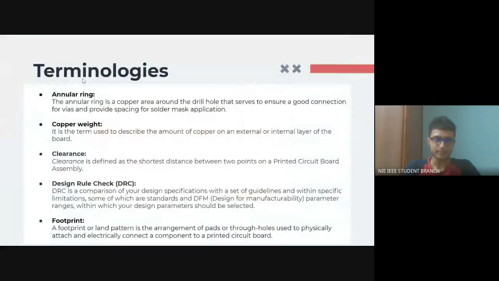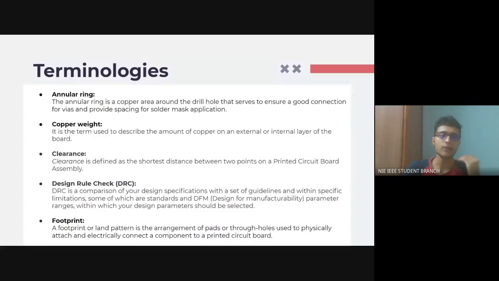Moving on. Here are some of the basic terminologies which we'll be looking into. There are a lot of things, but I have filtered a few, and the most important ones I have listed here. One is the annular ring. Annular ring is a copper area around the drill hole that ensures a good connection for vias and provides spacing for solder mask applications. Vias are in the next slide.